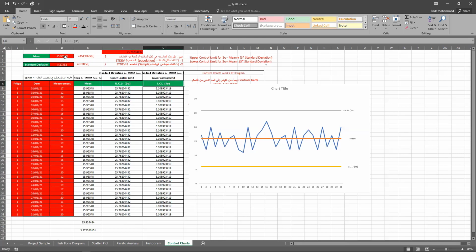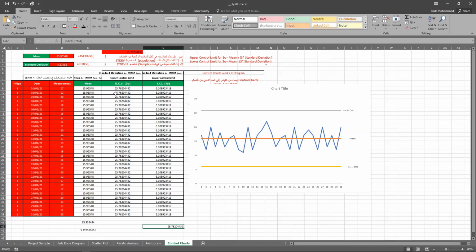If you don't calculate the mean and standard deviation, you will not be able to get the UCL and the LCL. So the UCL here equals the mean, which is this one, plus, in brackets, 3 times the standard deviation, this one, close, enter.